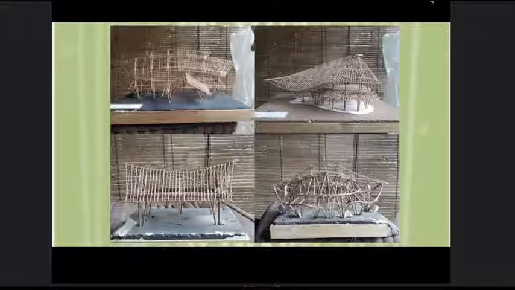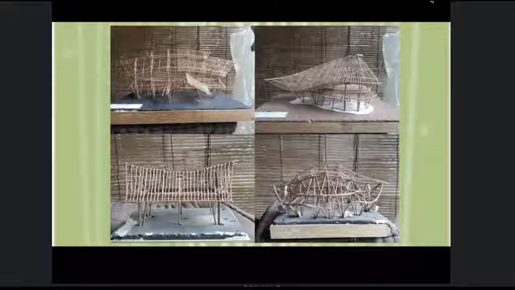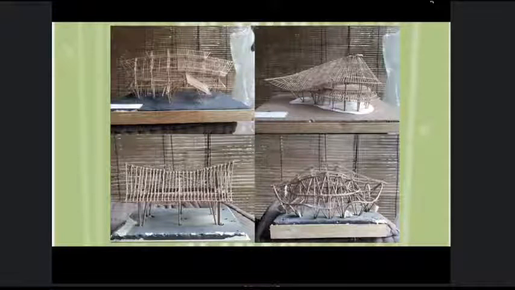Yeah, so these are some of the models of projects handled by you. So these are the kind of models they did. Basically, modeling is very important in bamboo construction because that gives us an idea as to how the structure will be, how you are going to divide, and how you are going to place the various substructure and the roofing members.